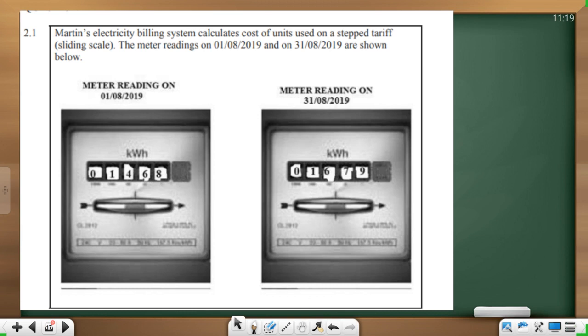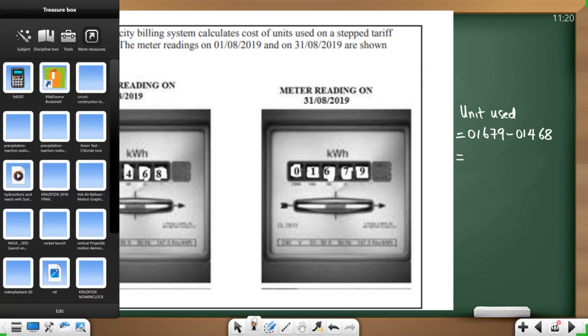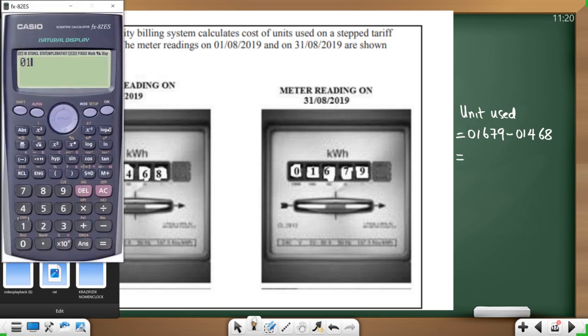Now, obviously here, you know what they're going to ask us, which we can already calculate. Unit used: the new one minus the old one. Before we even go, you can see what the examiner is going to ask you.